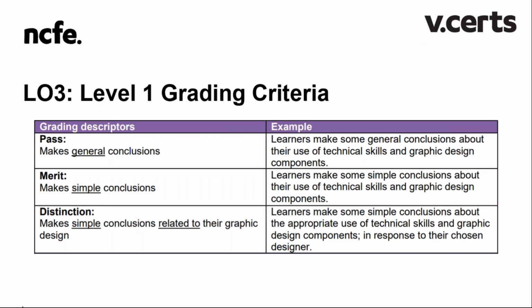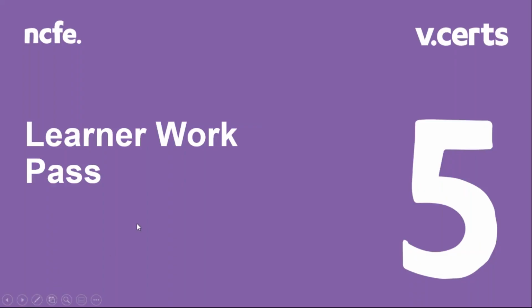Okay, so we'll move on to looking at an example of some pass work. This learner got a pass for learning outcomes 1, 2 and 3. It's worth always reminding that if, for example, they didn't do so well in an evaluation for learning outcome 3 and didn't achieve the criteria, they would not be able to pass the unit.